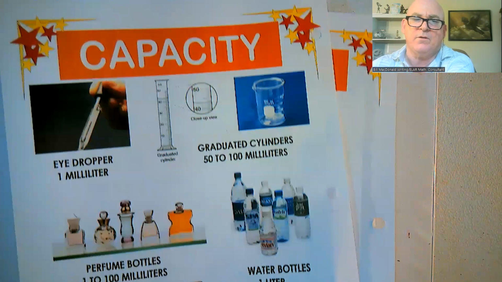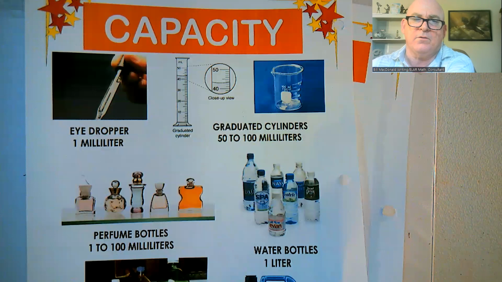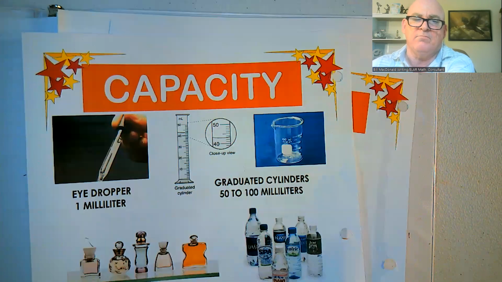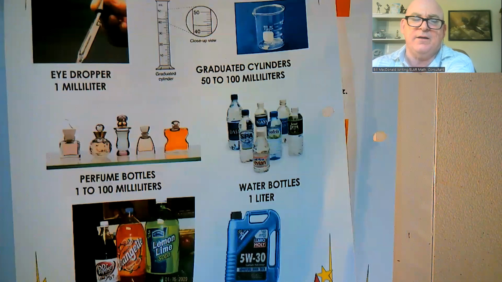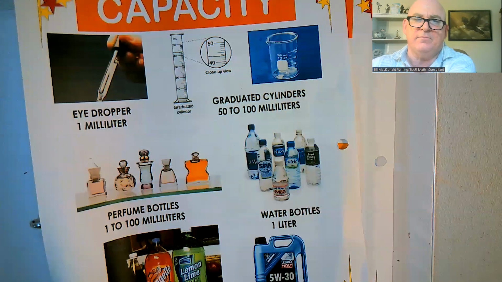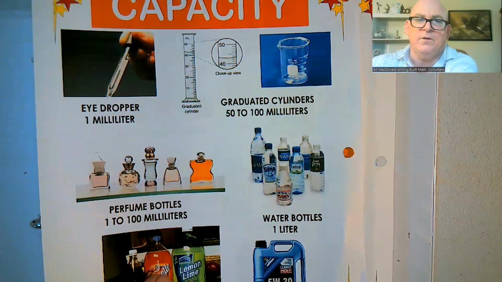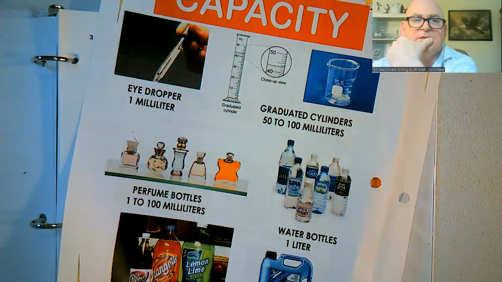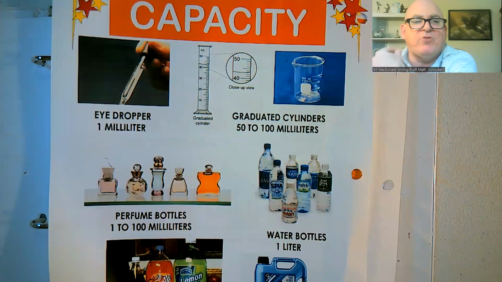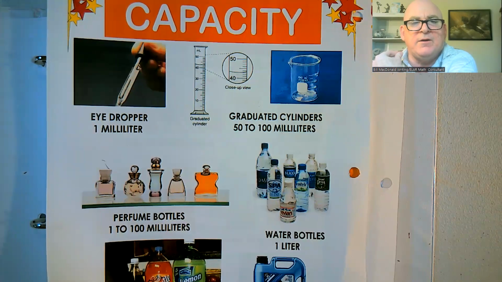let's see how they measure units using milliliters and liters. And again, the key component is understanding one. An eyedropper is about 1 milliliter.